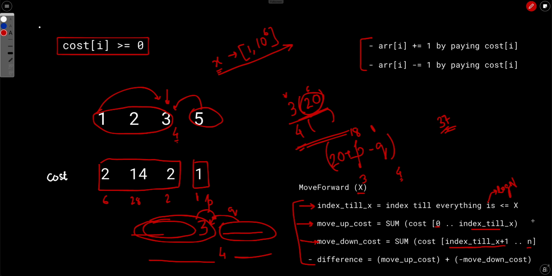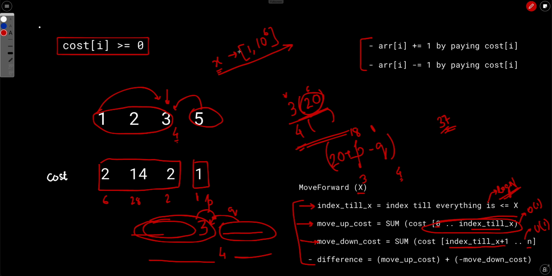It is the sum of some prefix, which you can find using prefix sum in order one time, right? Now again, move down cost is also the sum of some prefix only, so you can find it using prefix sum itself in order one time, right? And finally, the difference is just a mathematical operation, which is again order one. So moving from x to x plus 1 is an order log n operation.